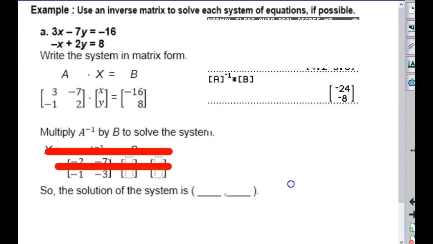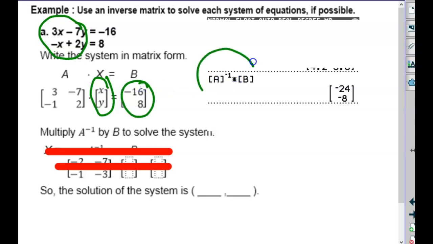All right, this is another one done for you with the screenshot here. This is a different example, isn't it? You take the coefficients out here, 3, -7, -1, 2. Do you have this one? And then you have the XY matrix, and then you have -16, 8.